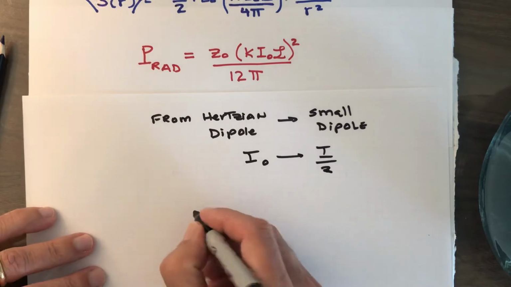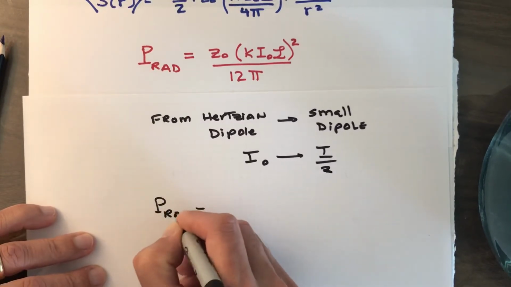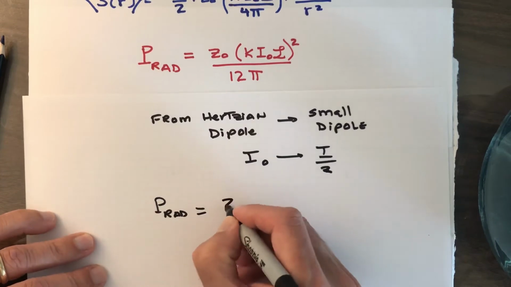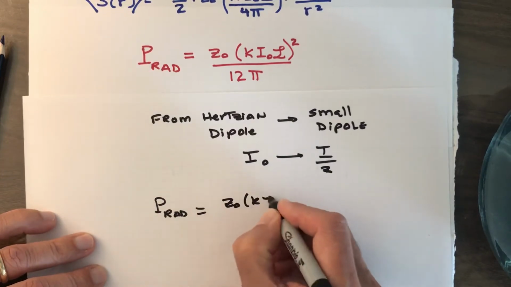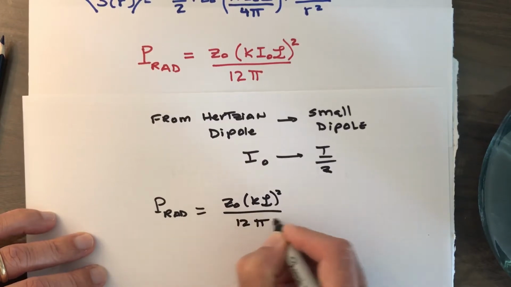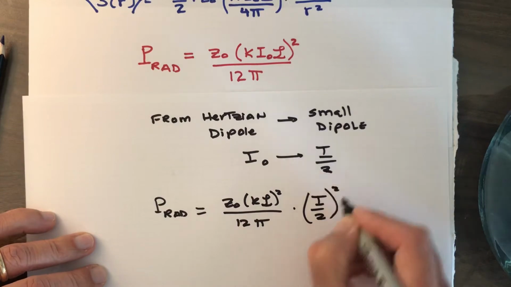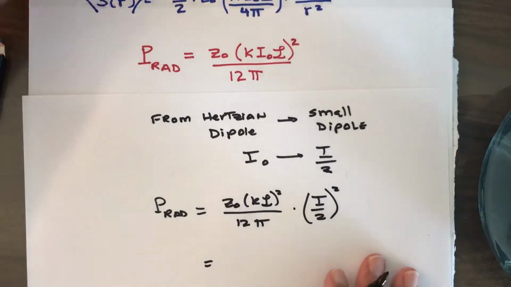So in this case, we end up with P radiative equals Z naught K L squared divided by 12 pi times I divided by 2, squared. So we see a factor of 4 coming into play right there.